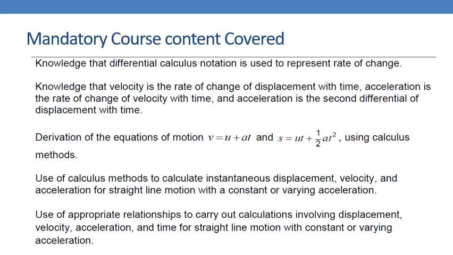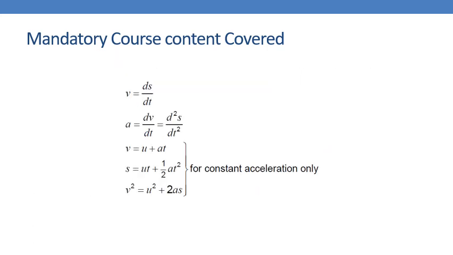Need to be able to derive the equations of motion using calculus, and you need to use those to carry out calculations. Okay, the last point is also looking at potentially equations of motion as well as calculus equations of motion. And these are the formulas that are on the relationship sheets that are provided to you.